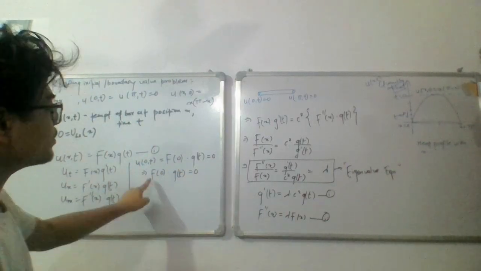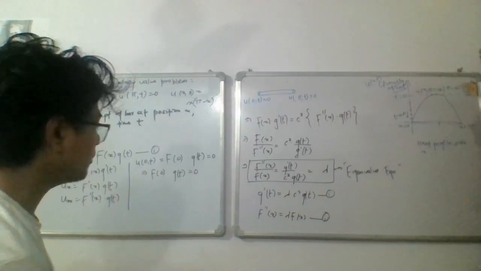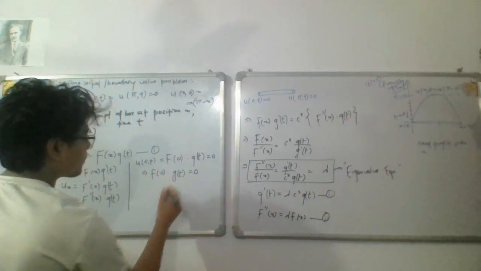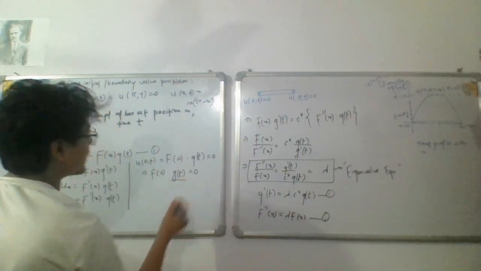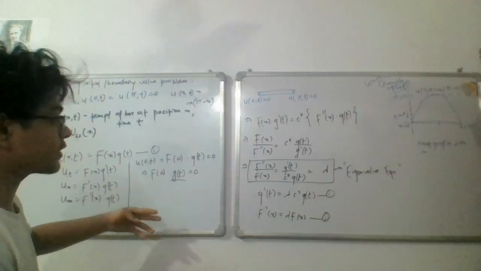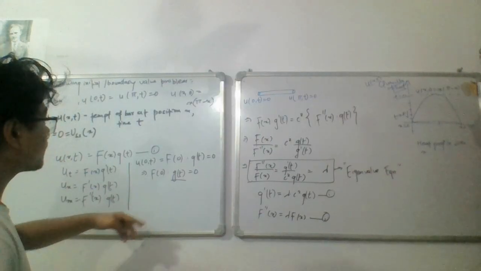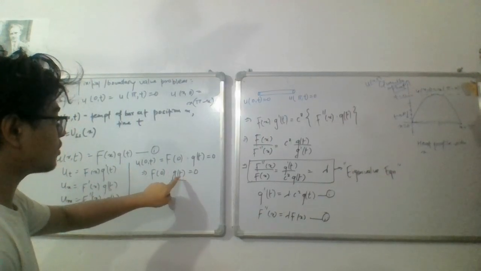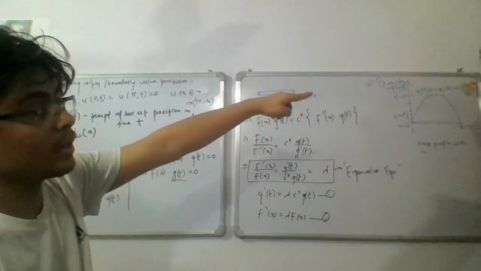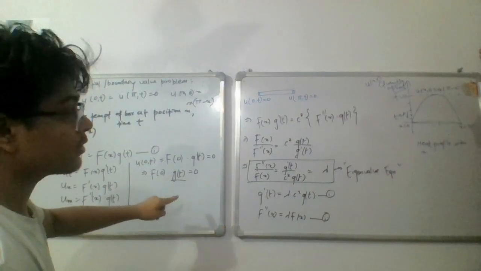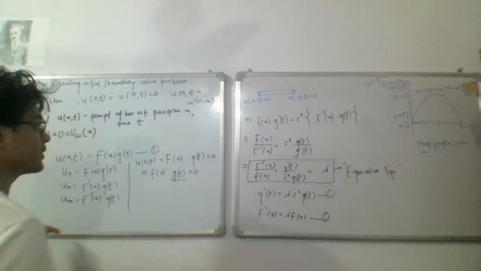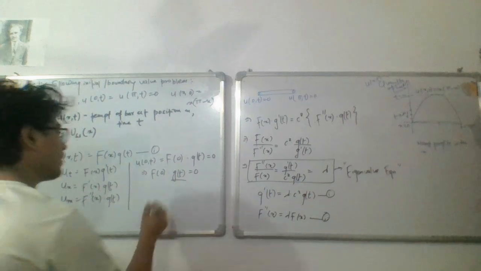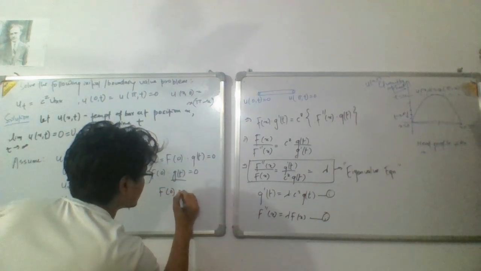Now f(0) is some constant value, and g(t) is a function of time. g(t) cannot be 0, because the curve exists. So f(0) is equal to 0.